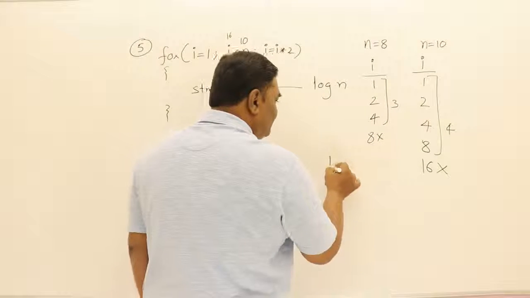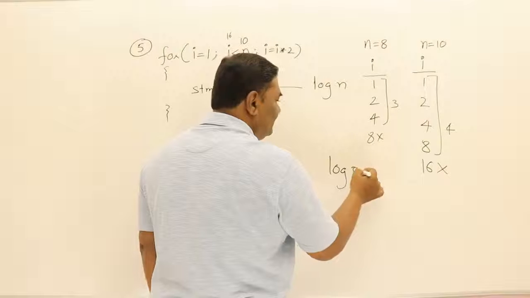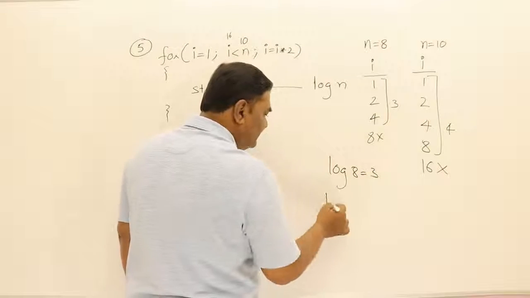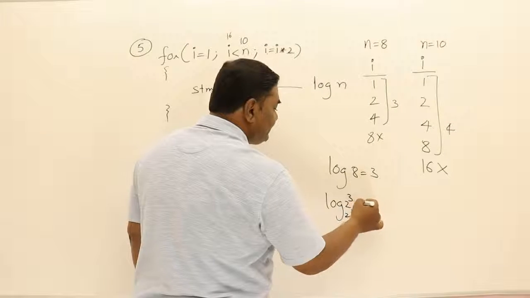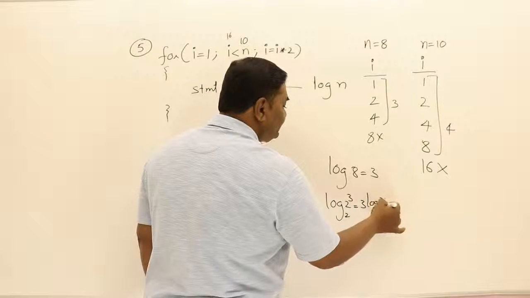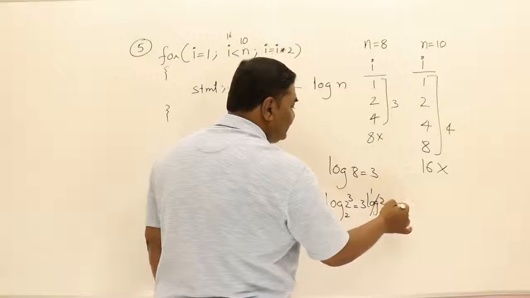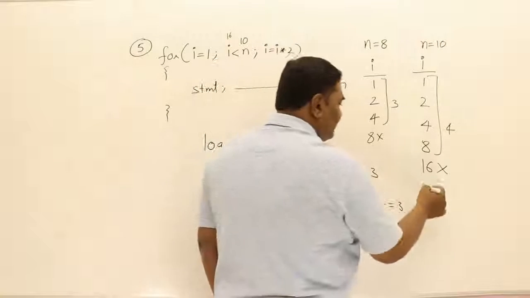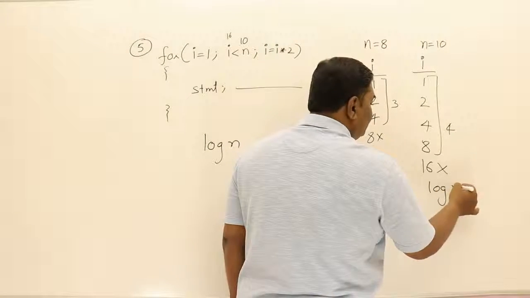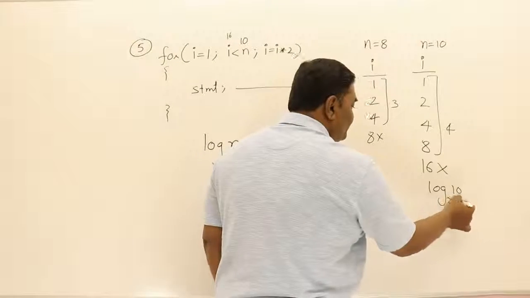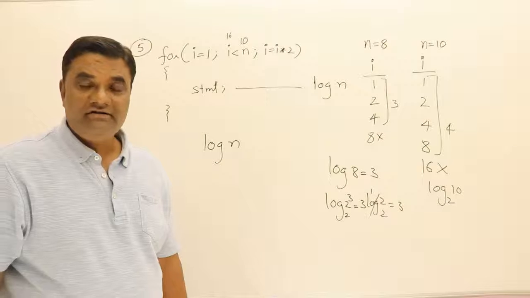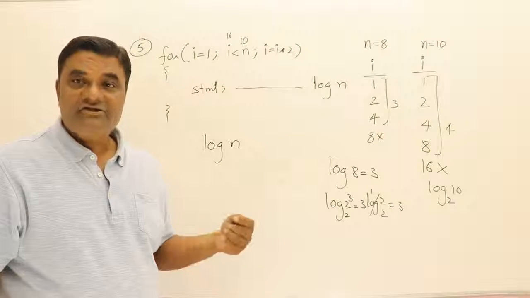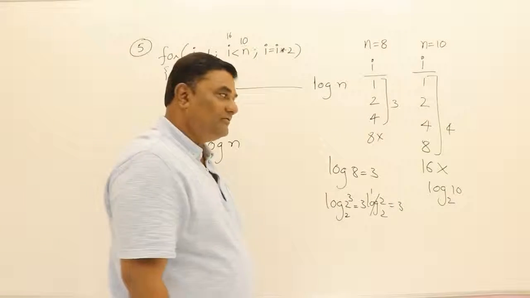If I find log 8, log 8 will be 3. How? Log 8 is written as 2 power 3 base 2, and it is written as 3 log 2 base 2, and this is 1. So the answer is 3. Now in the same way, if I find log 10 base 2, 10 is not an exact power of 2, so I may not get an integer value, I may get a decimal value, right?